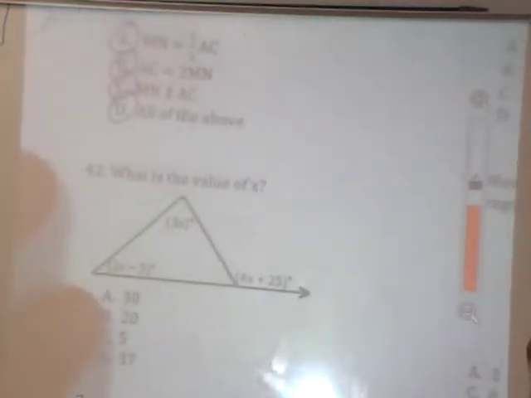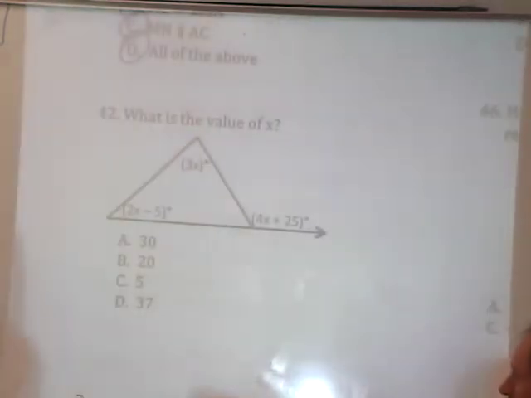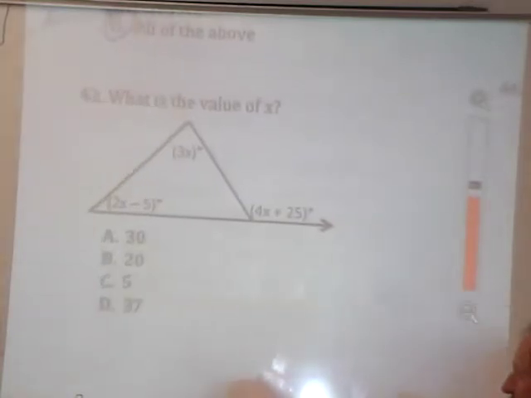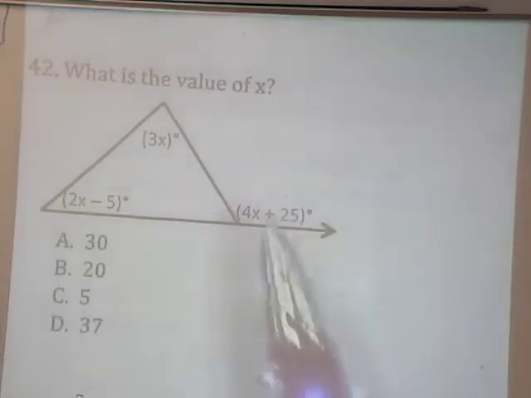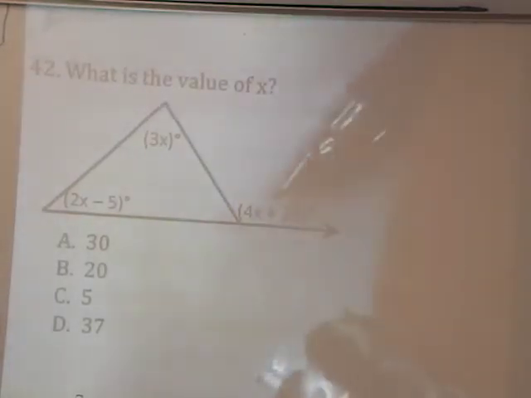All right, 42. What is the value of x? What do we know about these three angles? First off, what's this angle called? What kind of angle is this of the triangle?